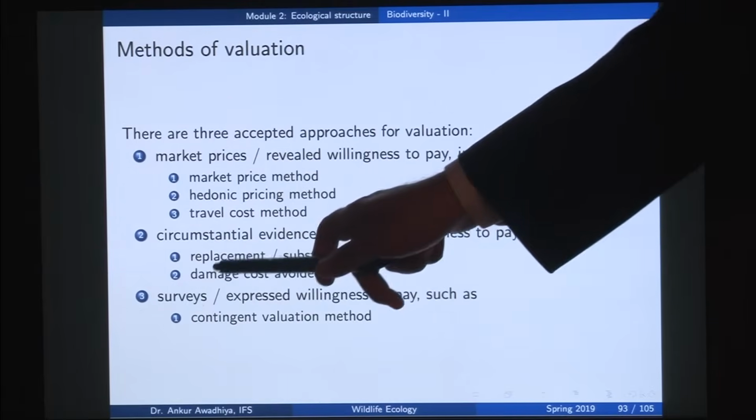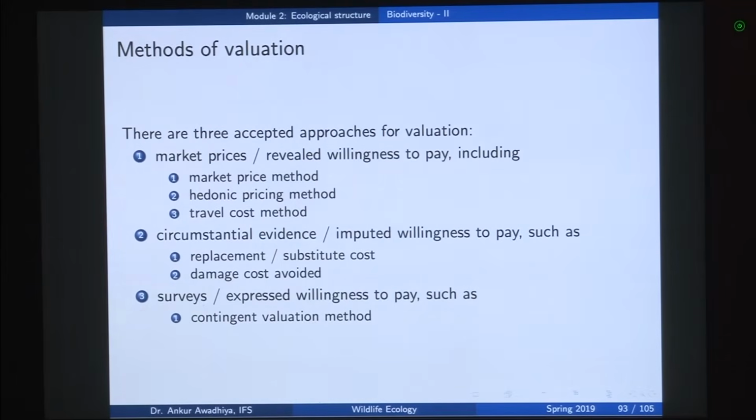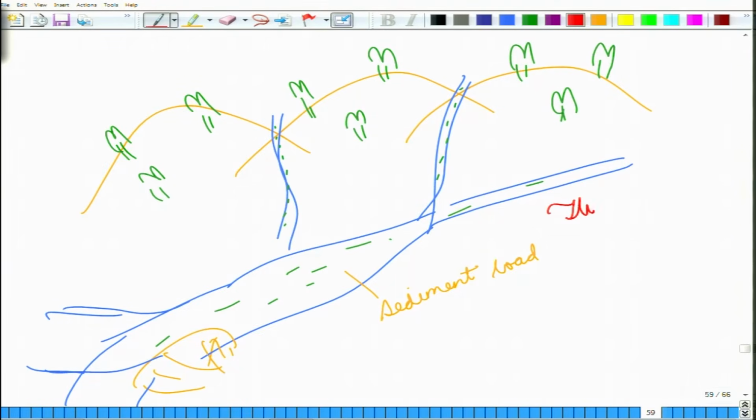Now, the damage cost avoided method would ask, if these forests are removed from here, what would be the level of damage that is caused? What would be our expenses because of floods? What would be our expenses because we will have the sediment deposition that will have to be removed?